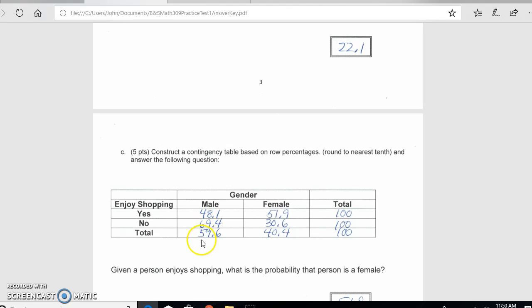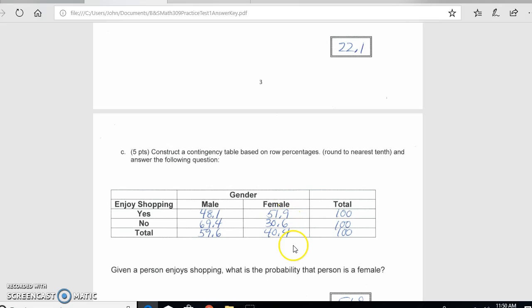So what that tells me is that of the total number of people in the survey, 59.6% of them were men.